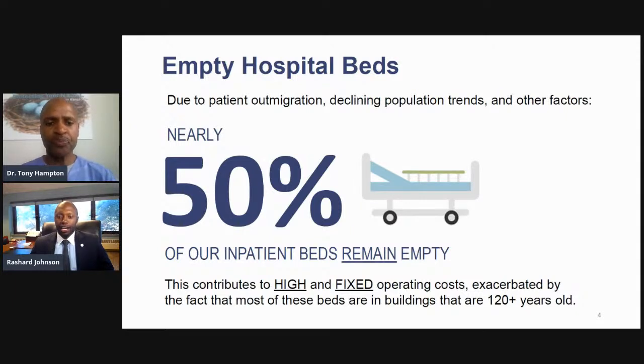Yeah, and this dives deeper into, and all of this creates the culmination of the point that we're discussing around social determinants of health and the key factors and all the things that you need to take into consideration as you're delivering healthcare. So on the south side of Chicago, we see about 50% utilization of our hospital beds, and I think that's a derivative of that out migration that you're seeing.